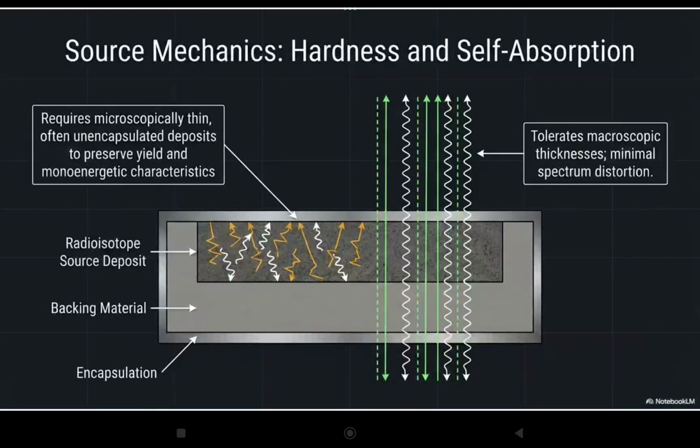That is particularly important when we want to preserve a monoenergetic or nearly monoenergetic signature. Other sources are much more forgiving and can tolerate thicker material or encapsulation with minimal distortion of the spectrum. So, when we think about source design, we are balancing physical durability against spectral purity, and that balance depends on the type of radiation involved.